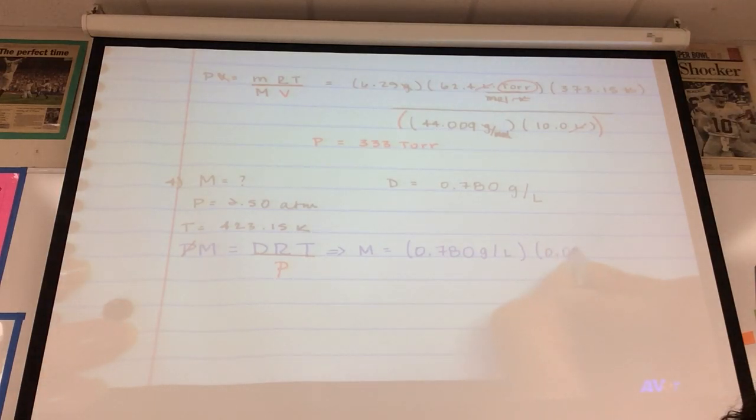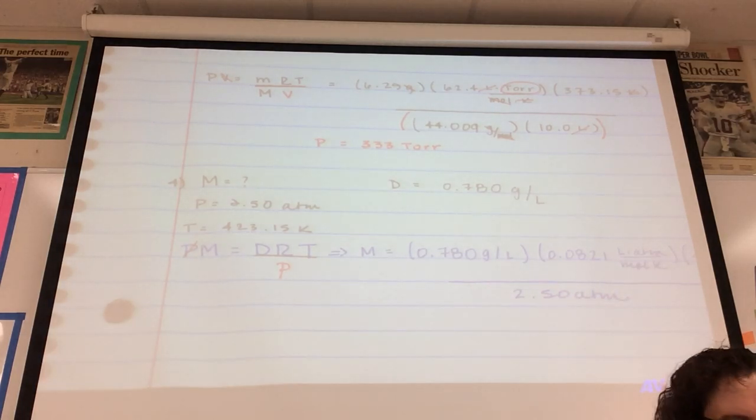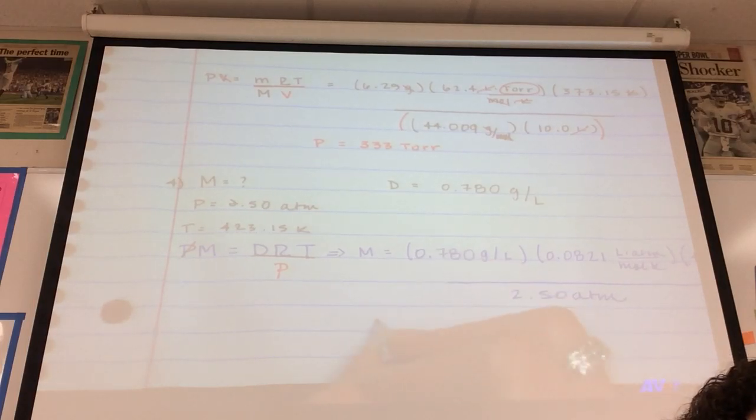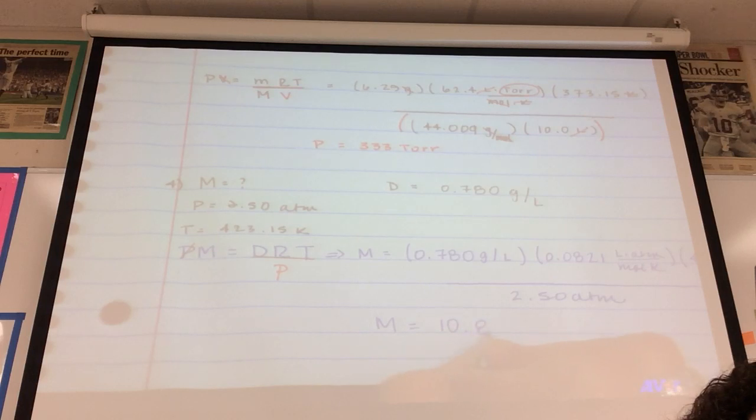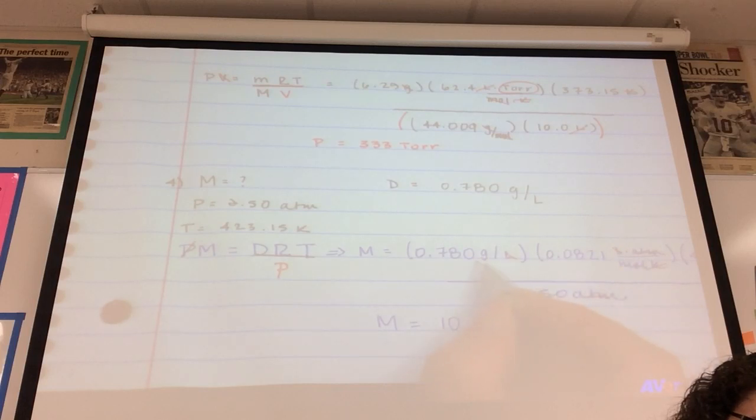The one with atmospheres in it. And again, if you really look at your units, you'll see what you're left with at the end, which is grams per mole.